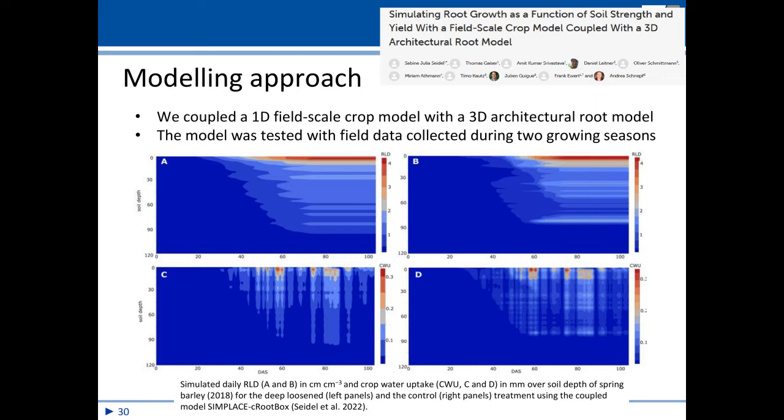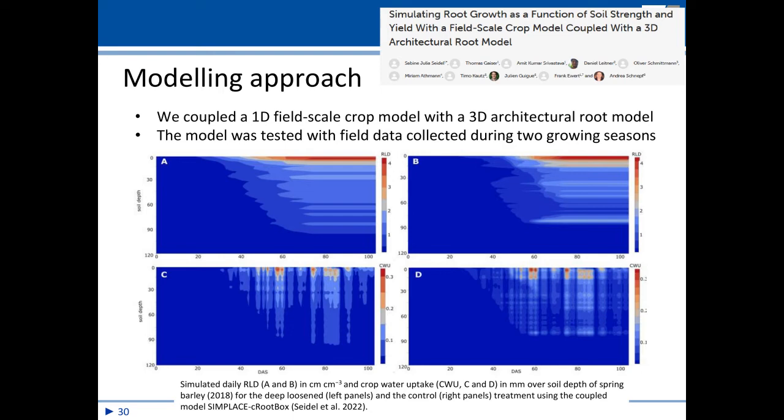The 2 panels on the top show the simulated daily root length over soil depth of spring barley in 2018 for the deep loosen treatment on the left side and for the control on the right side. And as you can see, the root length density is enhanced on the left side where the soil was loosened.